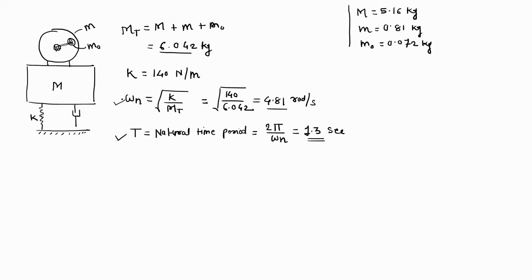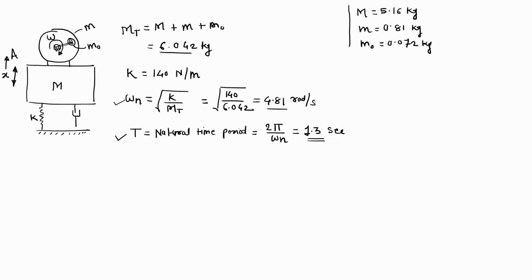Now the next part is the experimental part. For the experiment, we have to note down the readings of the displacement and the corresponding frequency. That means we will oscillate this mass. So this is the oscillation when this motor runs at some frequency, that is omega. At different values of omega, this amplitude or displacement will change. So this is taken as x, and the maximum value of x will be capital A, called the amplitude.